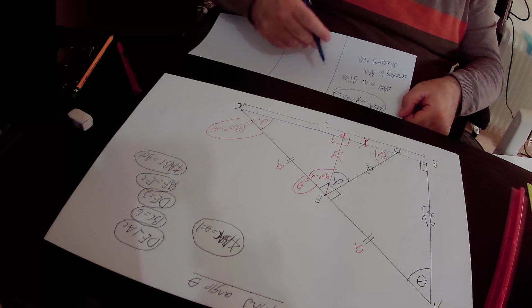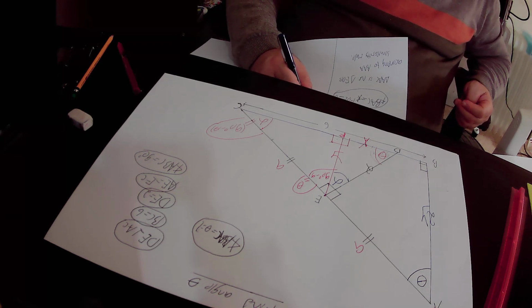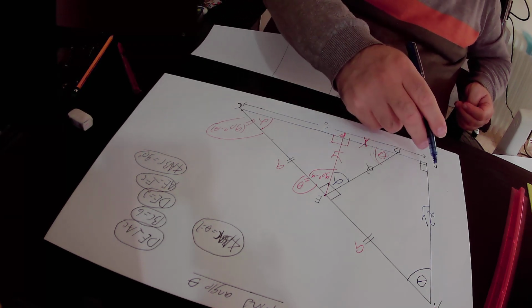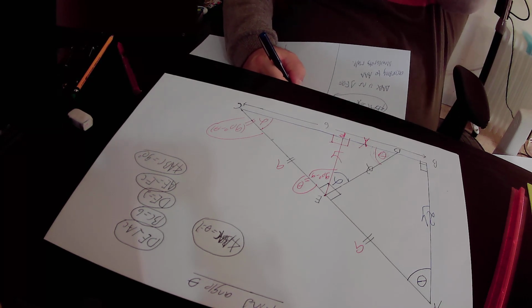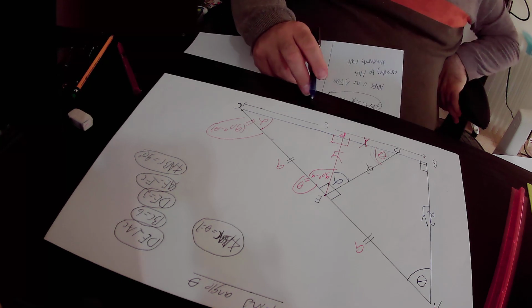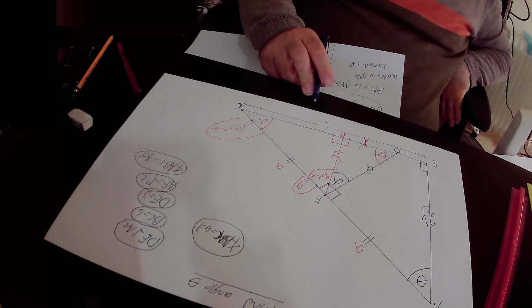So here AB equals 2Y and BC equals 6 units according to what is given in the question.